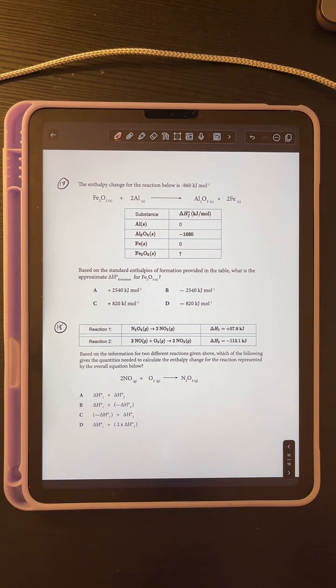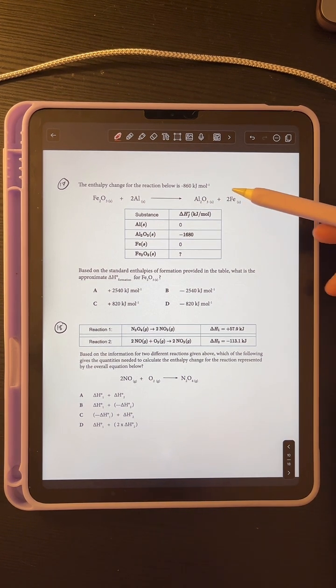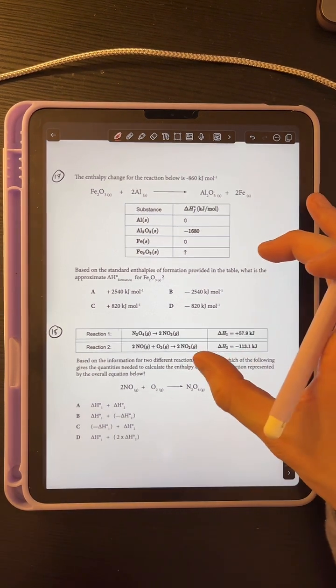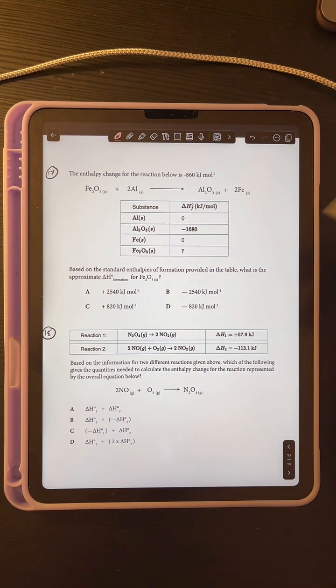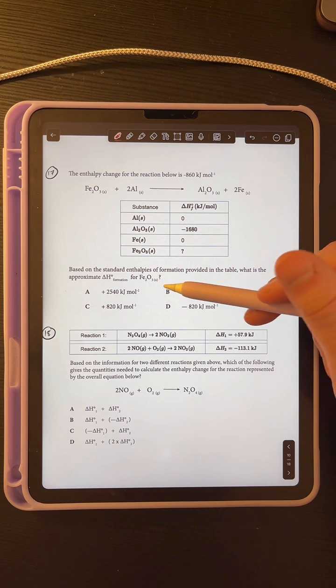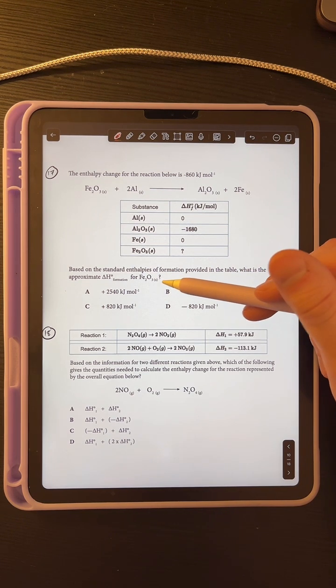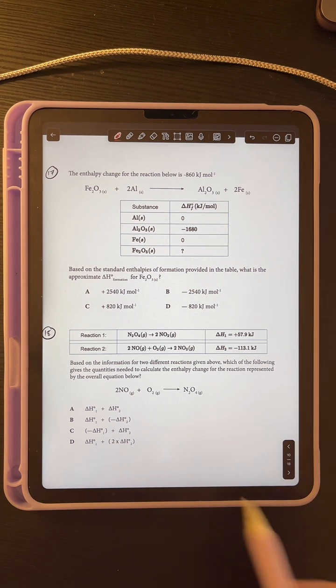All right, we have 4 more multiple choice questions. We're getting through it, y'all. Here we have the enthalpy change for the reaction below is negative 860. Based on the standard enthalpies of formation provided in the table, what is the approximate delta H of formation for Fe2O3?